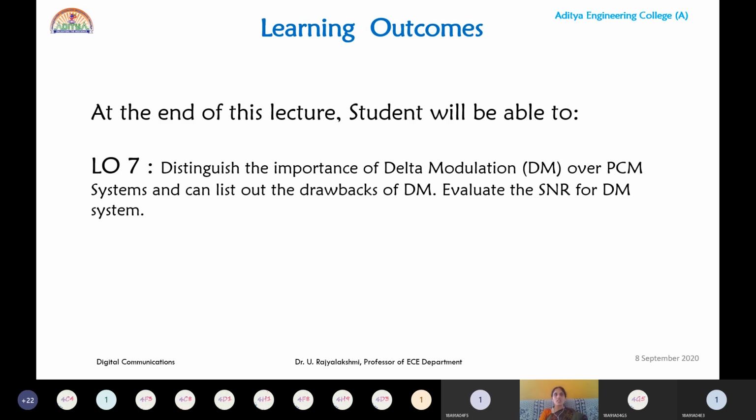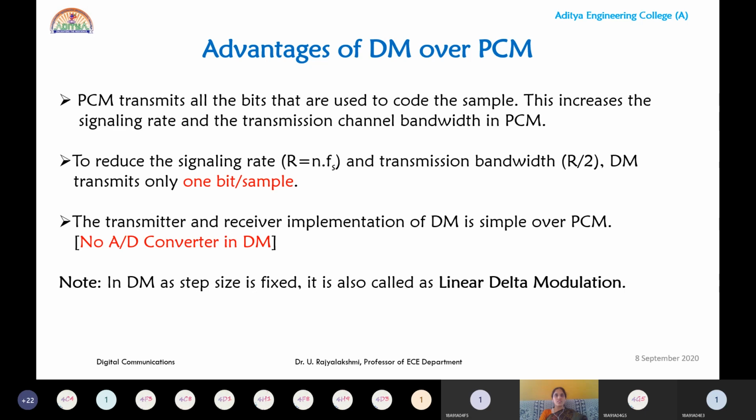earlier class. In the last class we discussed the main advantage of DM, delta modulation, as it reduces the channel bandwidth required to transmit the bit sequence, or you can call it the coded signal.